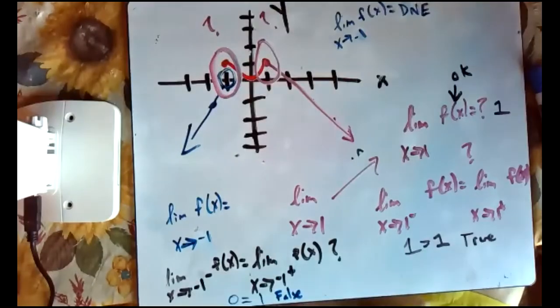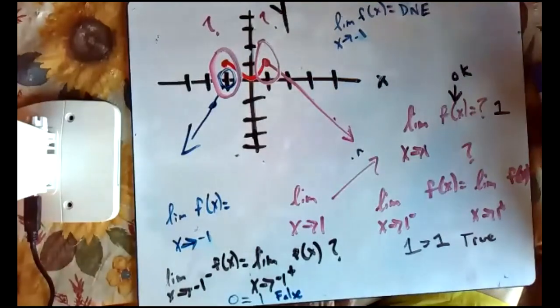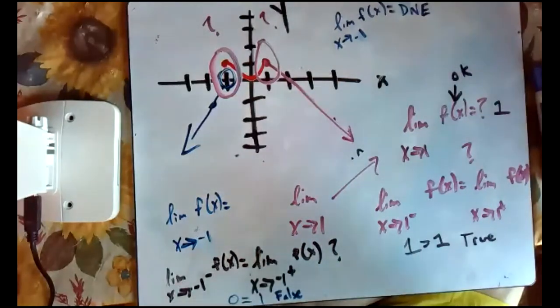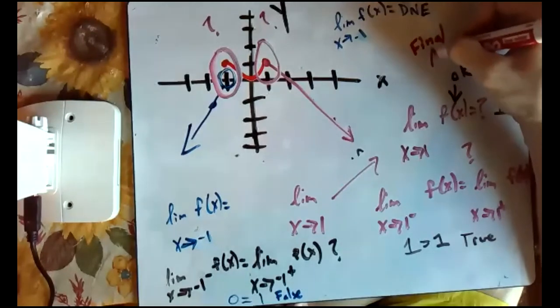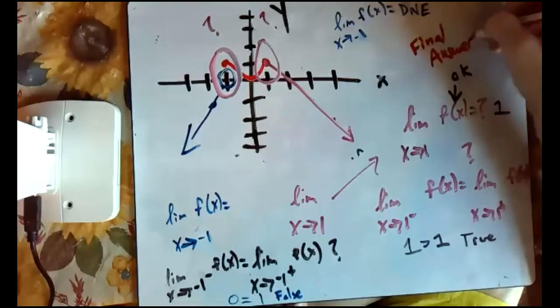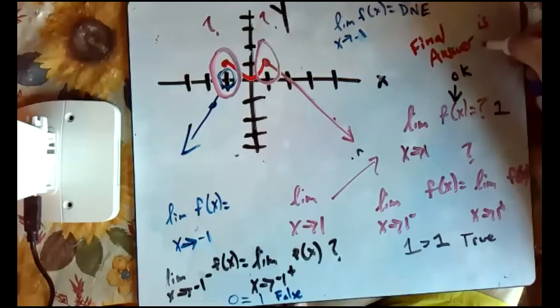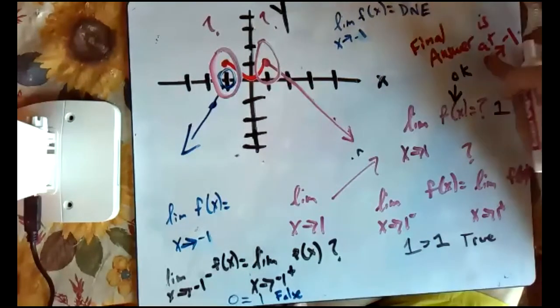Remember, the directions were asking which values of a does the limit not exist. So your final answer is x approaches -1.